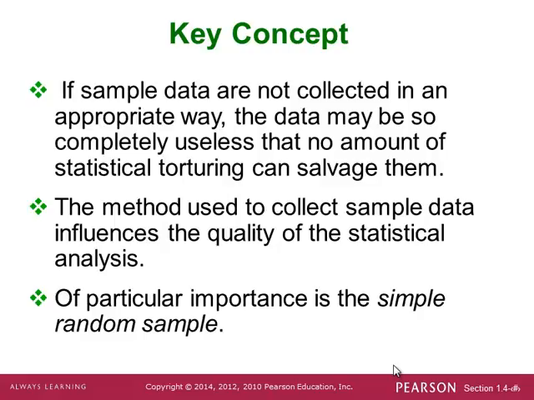And of course, the larger the better. That's always going to be the goal, to have as many individuals from the population as possible. And not only that, have a group of individuals in your sample so that your sample looks like a reflection of the population as a whole.